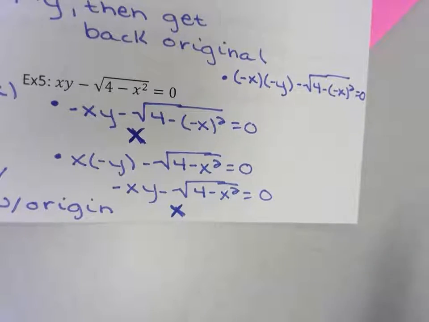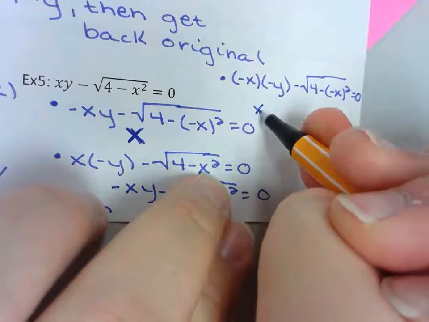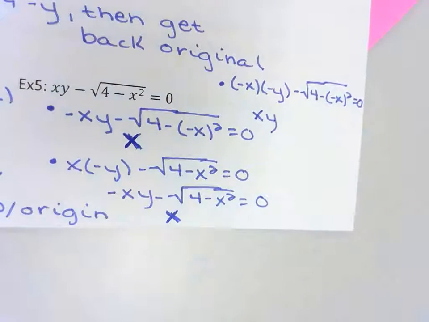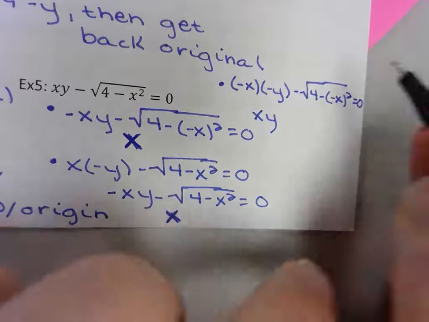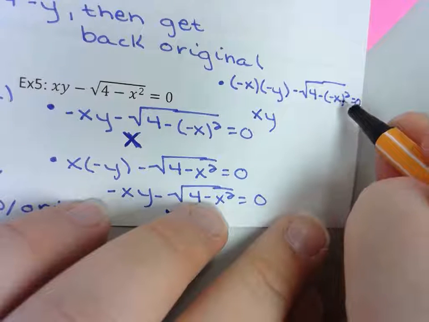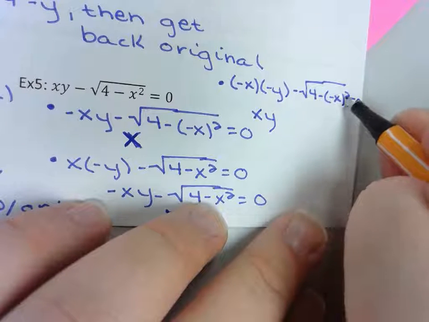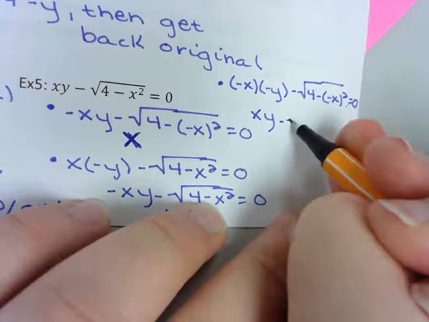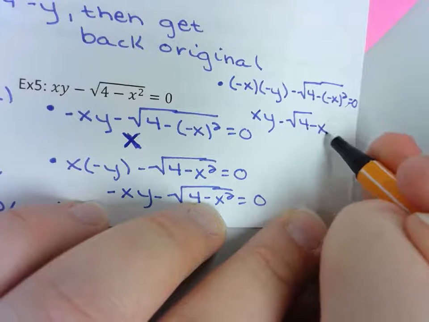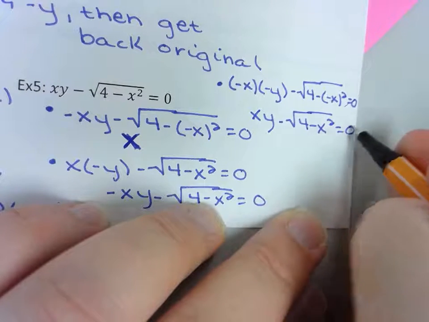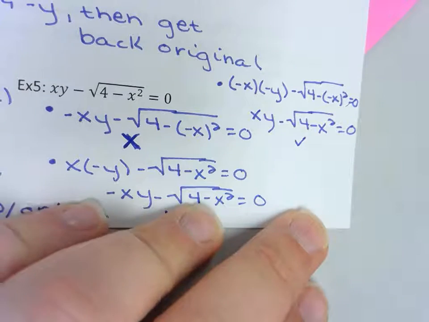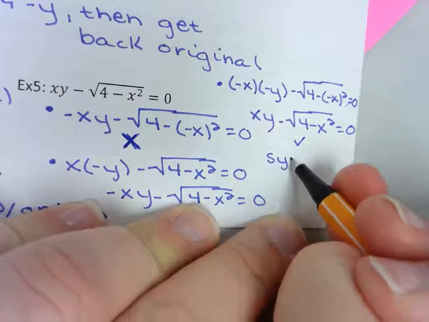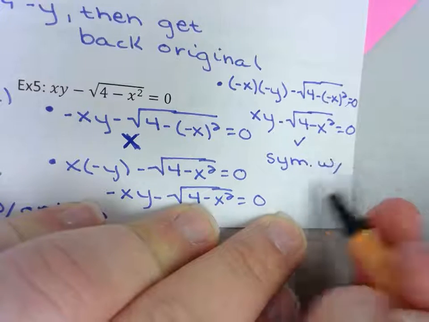Negative x times negative y is positive xy, which is at least part of the original. And then this negative x squared will just make it a positive x squared, which is basically going to keep the same thing in there, which gives me back the original. So symmetric with the origin.